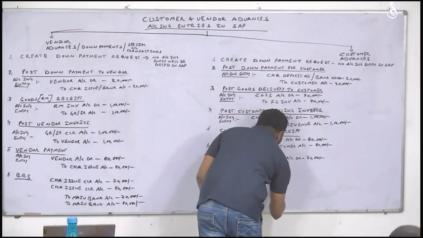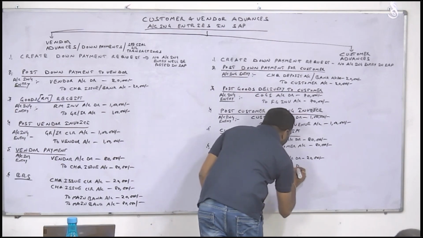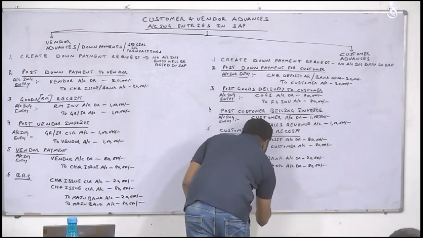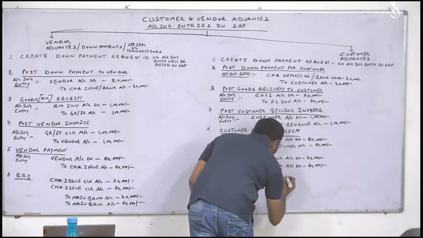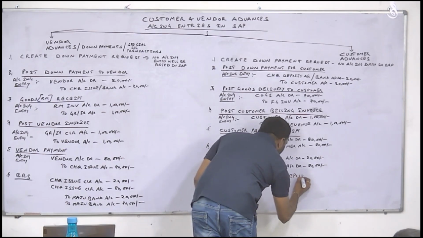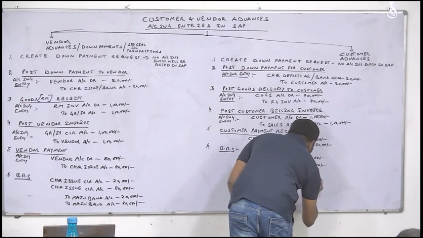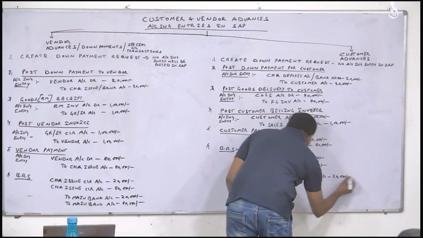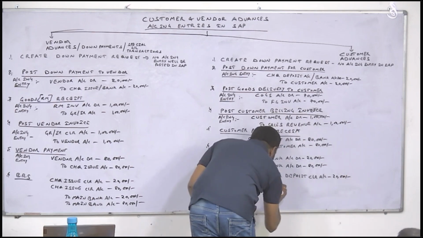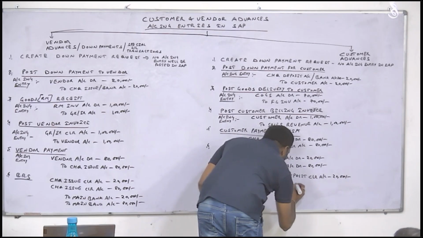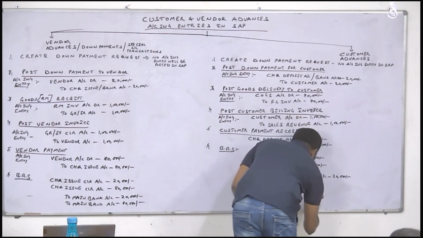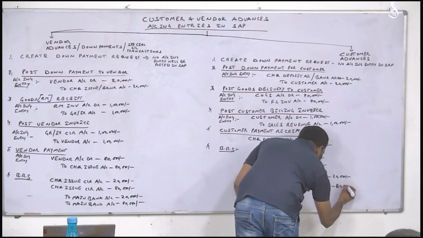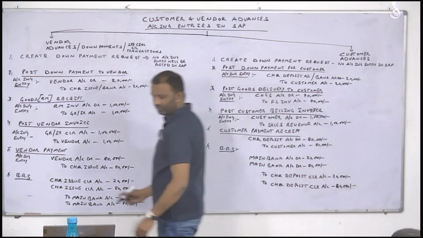Main bank account debit, how much? 80,000, to check deposit clearing account. Okay, please note it.